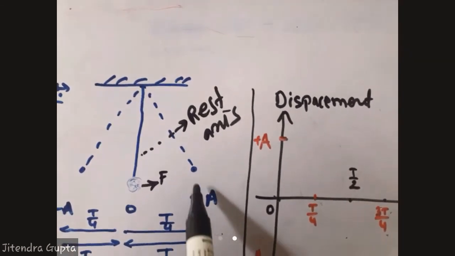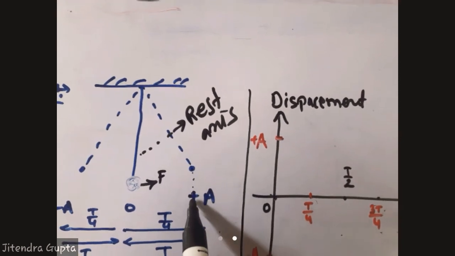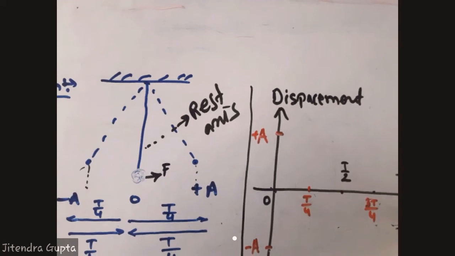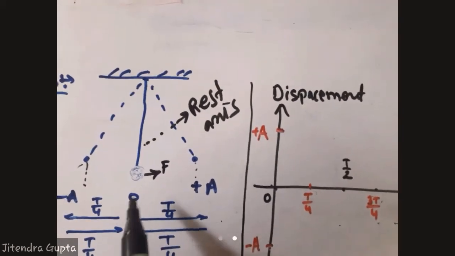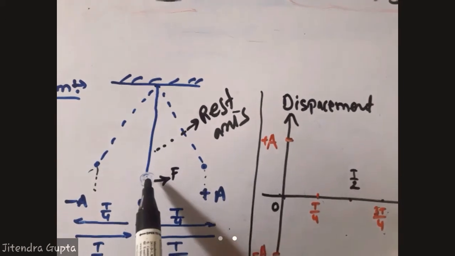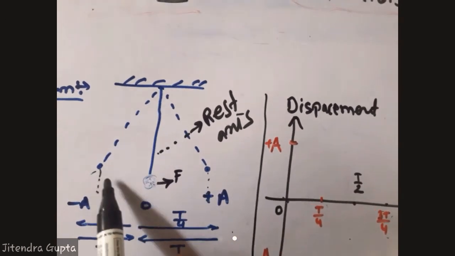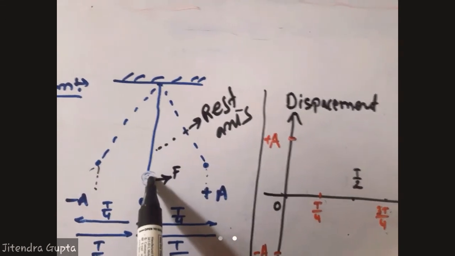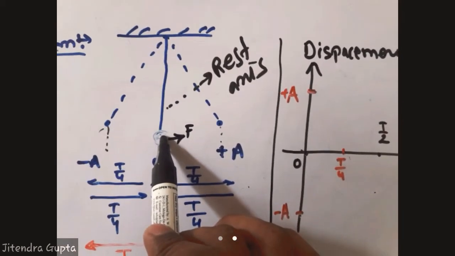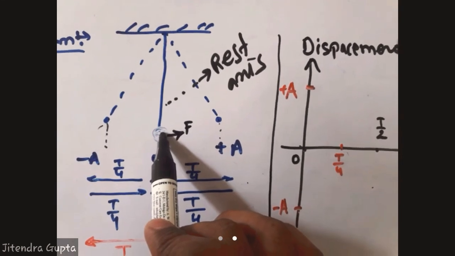So here plus A is the maximum displacement to the right, and minus A in the left direction. Going from here to plus A, coming back to the position, going to minus A and coming back to this position is called one cycle. And the time required to complete one cycle is called one period.